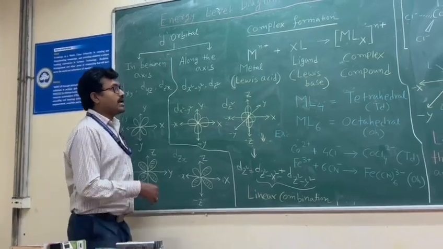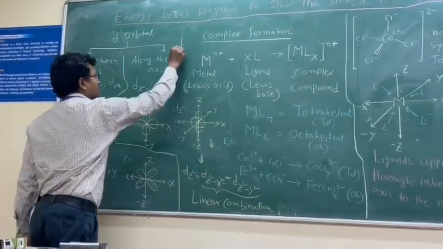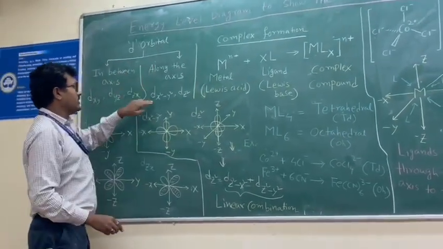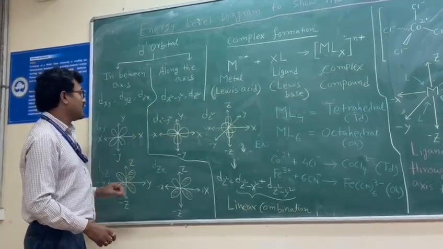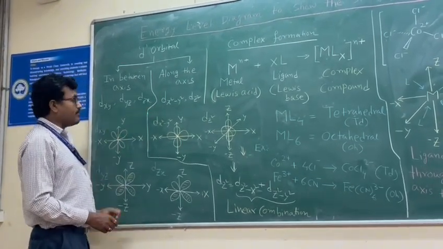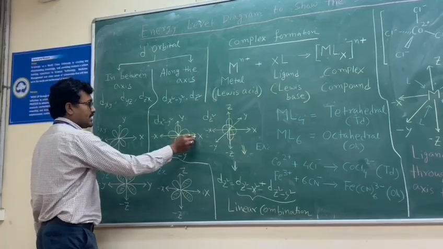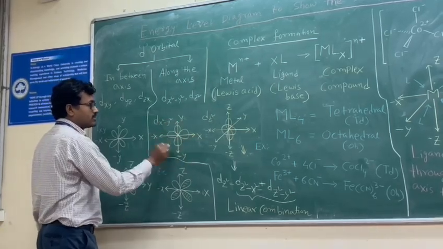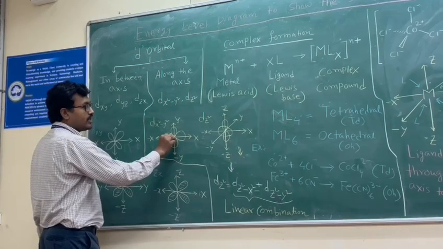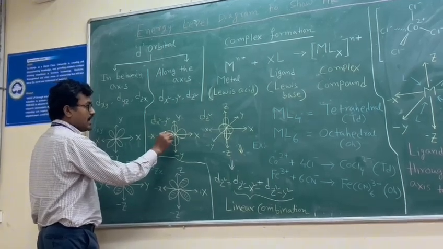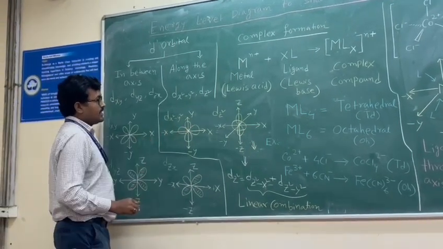Now if we come to the another category, another category is dx square minus y square and dz square orbital. Dx square minus y square means this is x axis minus x, y minus y. X square minus y square means orbital is oriented along x axis and along y axis.